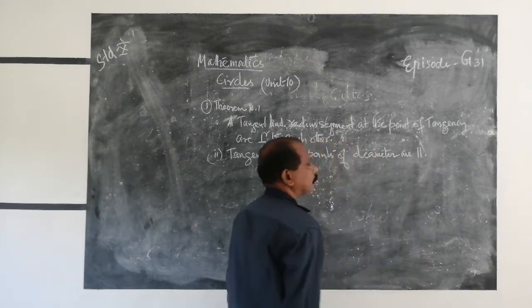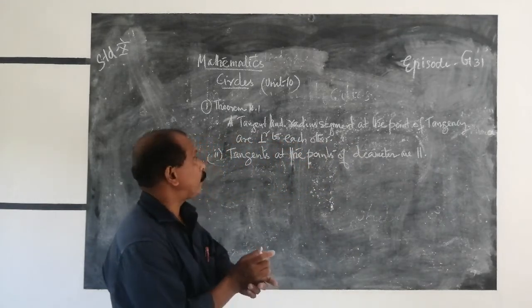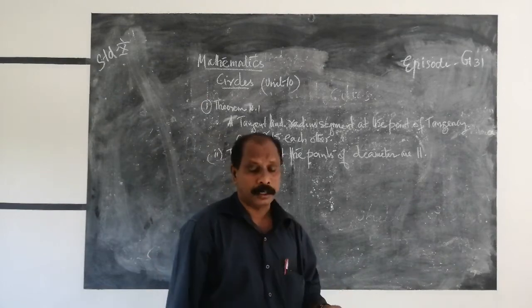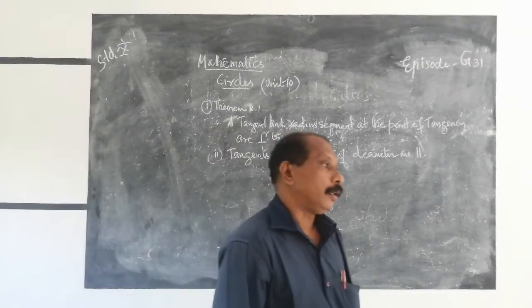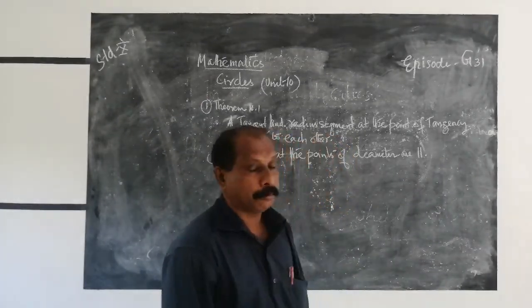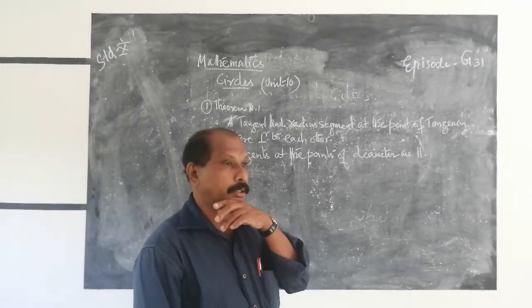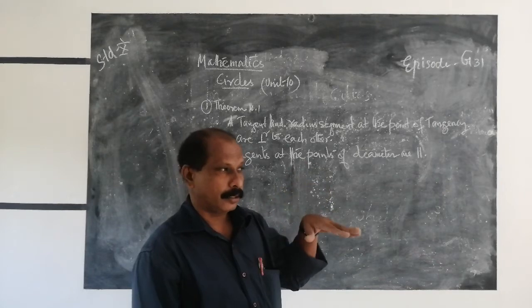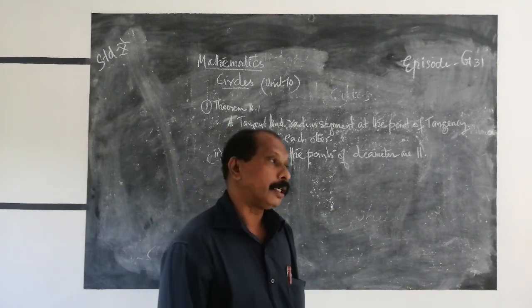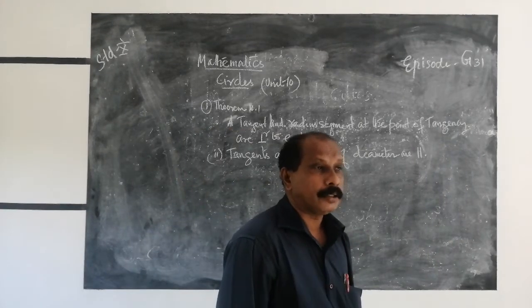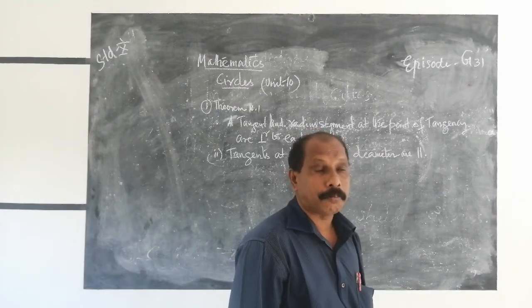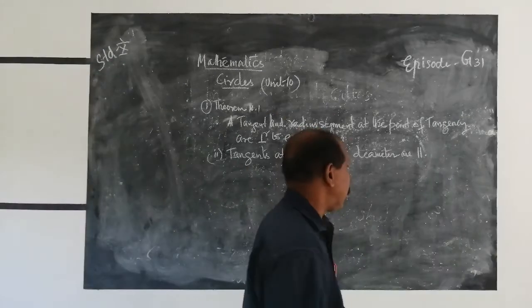The first theorem says a tangent and the radius segment at the point of tangency are perpendicular, and on the basis of that we get the second theorem. That means the tangents at the end of a diameter are parallel to each other.